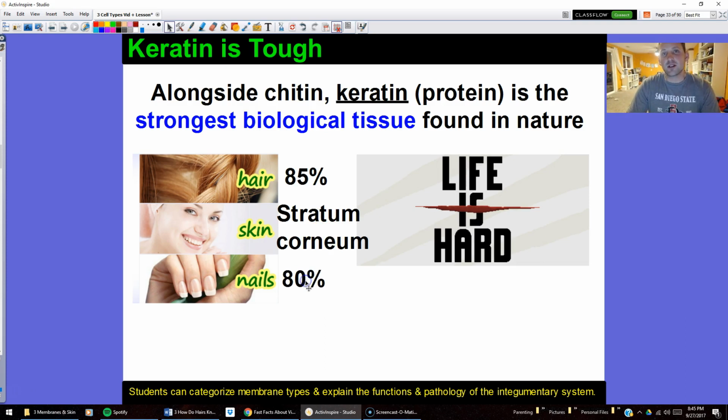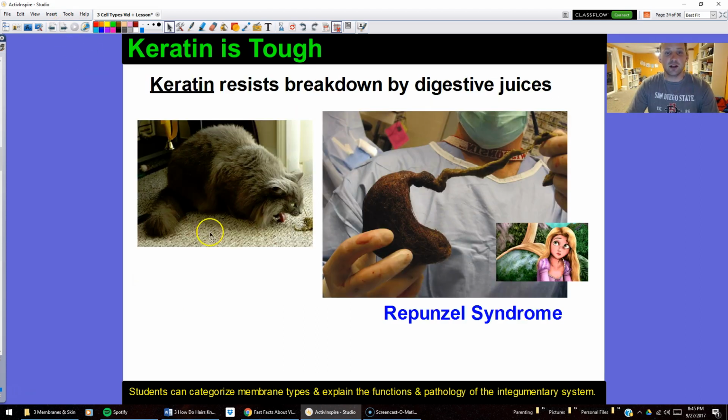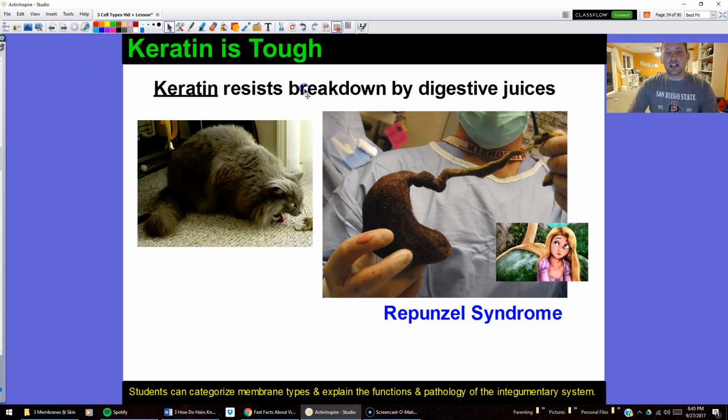And your nails are just a ton of layers of keratin, 80% keratin. So that's pretty tough stuff. Hair, nails, the outside of your skin are made of keratin. Keratin is tough. Even your stomach can't mess with it. And yes, this is not your stomach. This is hair inside of your stomach. And we call it Rapunzel syndrome.